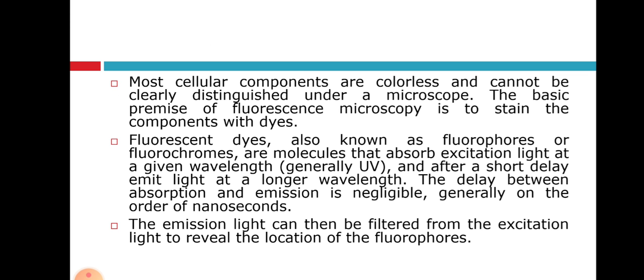These are molecules that absorb excited light at a given wavelength and after a short delay emit light at a longer wavelength. The delay between absorption and emission is negligible, generally in the order of nanoseconds. Emission light can then be filtered from the excitation light to reveal the location of the fluorophores.